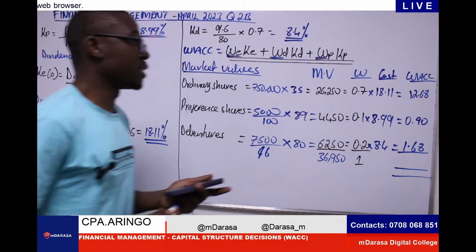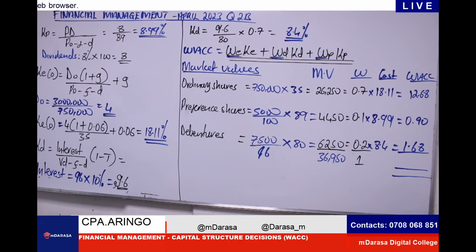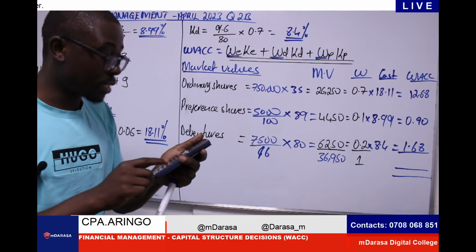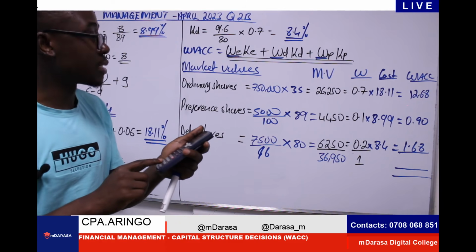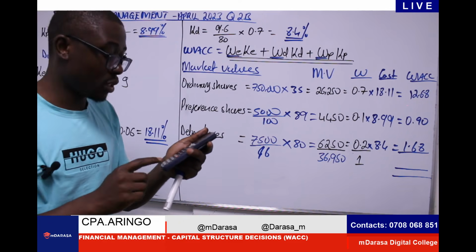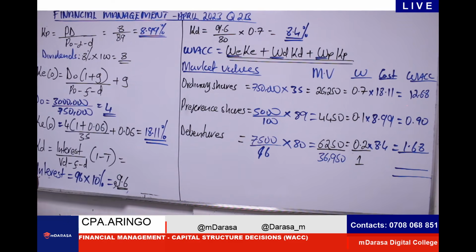So if we sum it up, that will give us our WACC, which in this case, with a lot of confidence, we can have 1.68 plus 0.90 plus 12.68, which Mwalimu is getting 15.26.